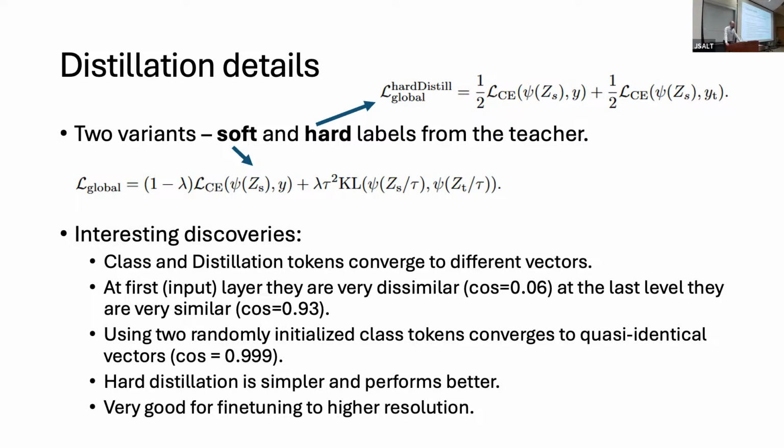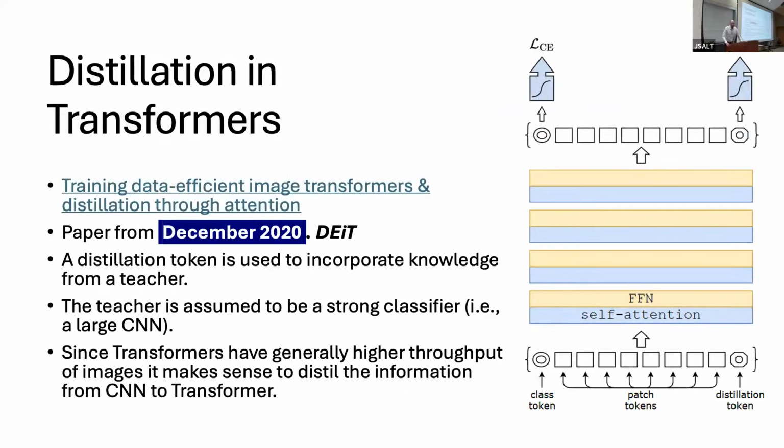Yeah, it's true. Okay, and so what comes out of this? Class and distillation tokens actually converge to different vectors. When I studied vision transformers without any knowledge about transformers from the NLP approach, I was wondering what this class token is and how it works. So now I'm telling you about the mistakes I made, right?